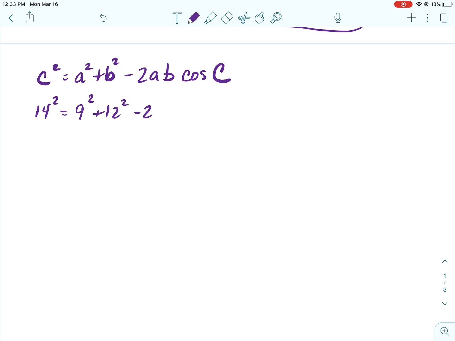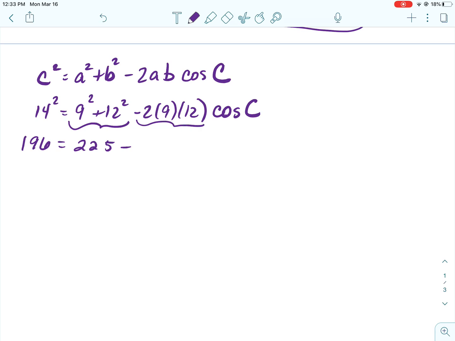Okay, so this is what it should look like. And then we just start plugging in. Same old stuff. So we're squaring and adding. And then 2 times 9 times 12.